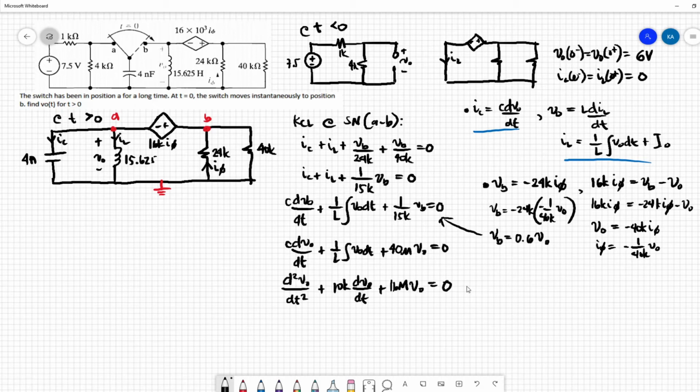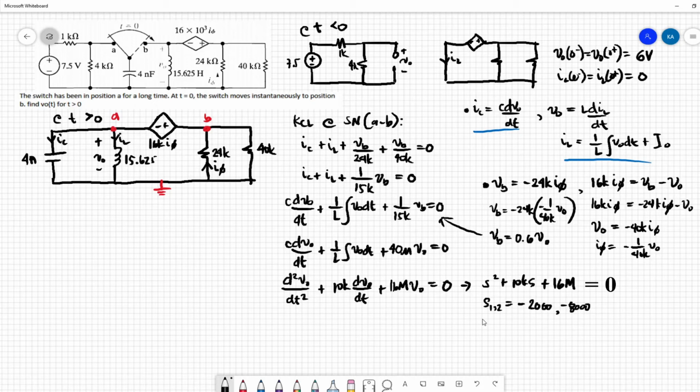our characteristic equation: s squared plus 10k s plus 16M. So our roots s1 and s2 are negative 2000 and negative 8000.